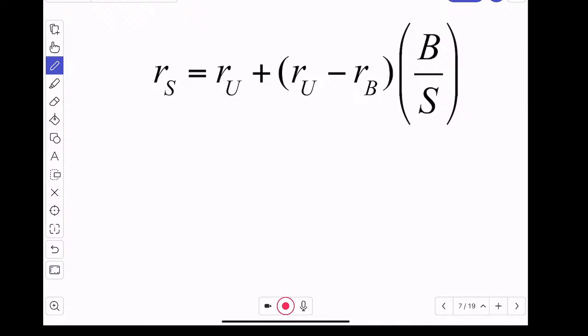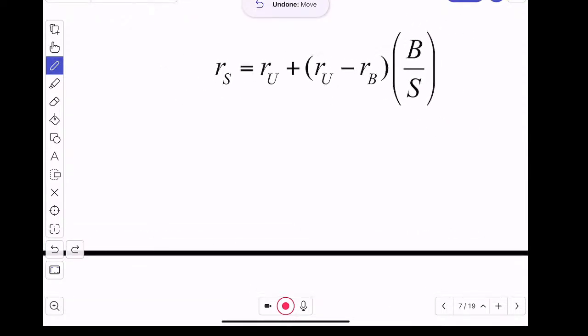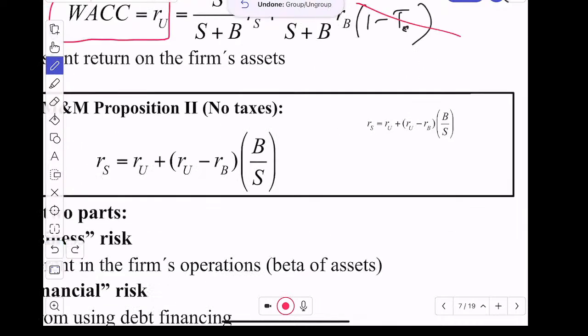So, where did I start now? Oh, that's not the one. That's the result I want. I want to get the original formula, sorry. So where I want to start is here.